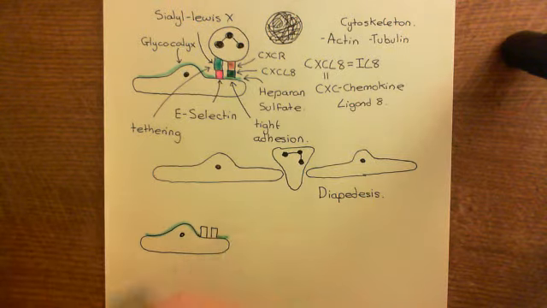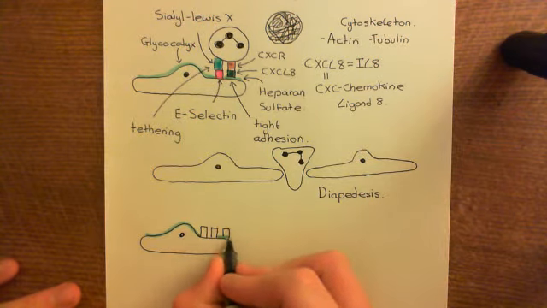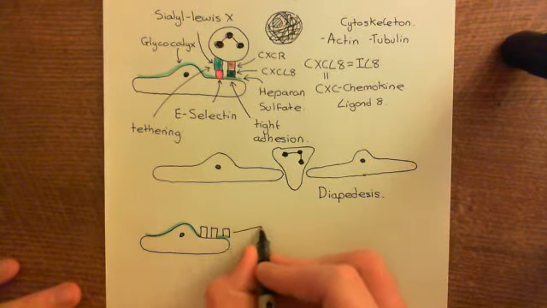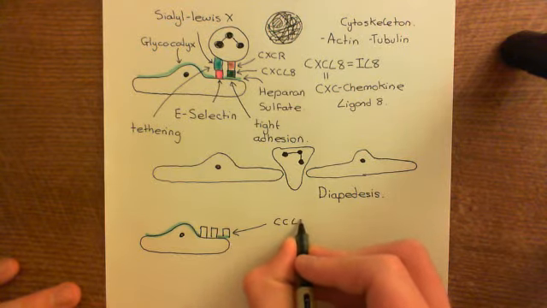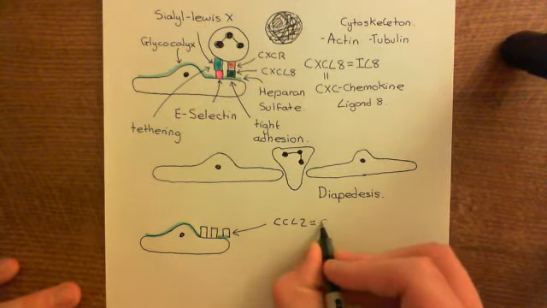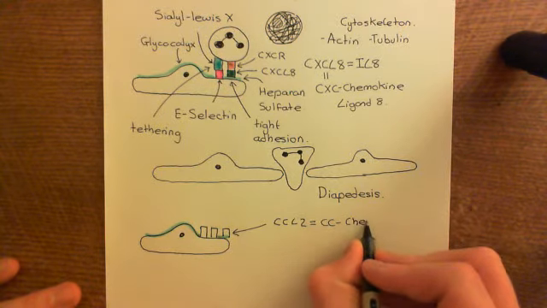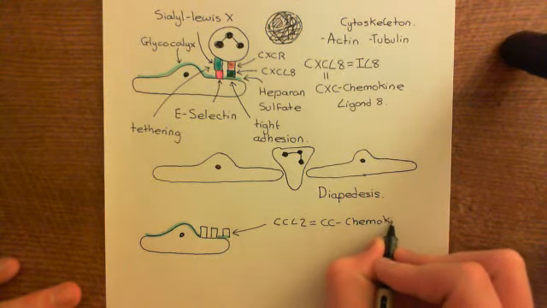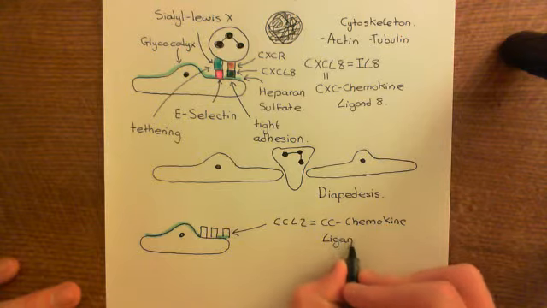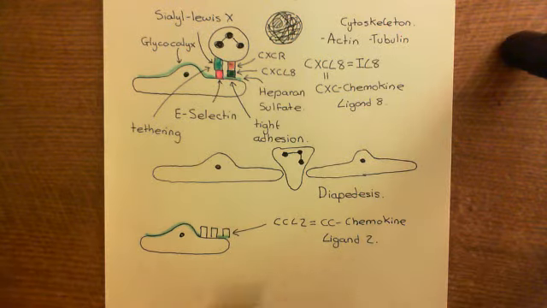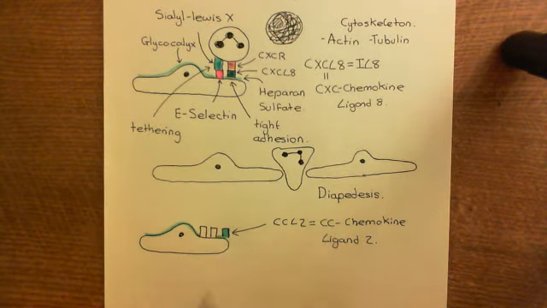Again, you're going to upregulate a chemokine that will bind here. This chemokine this time is a CC chemokine by the name of CCL2, which stands for CC chemokine ligand 2, and CC is again a huge family of chemokines. CCL2 for short. So let's colour in CCL2 in blue here.